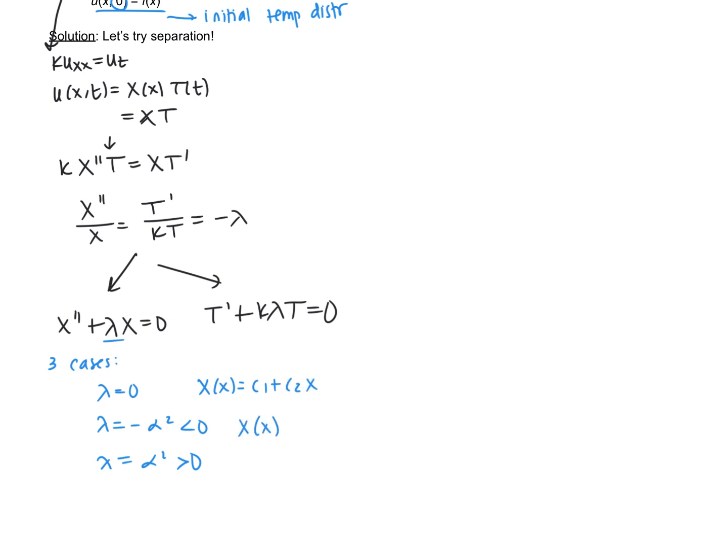If lambda is negative, then we get X to be c1 e to the negative alpha x plus c2 e to the alpha x. And lastly, if lambda is positive, we get X is equal to c1 cosine of alpha x plus c2 sine of alpha x.